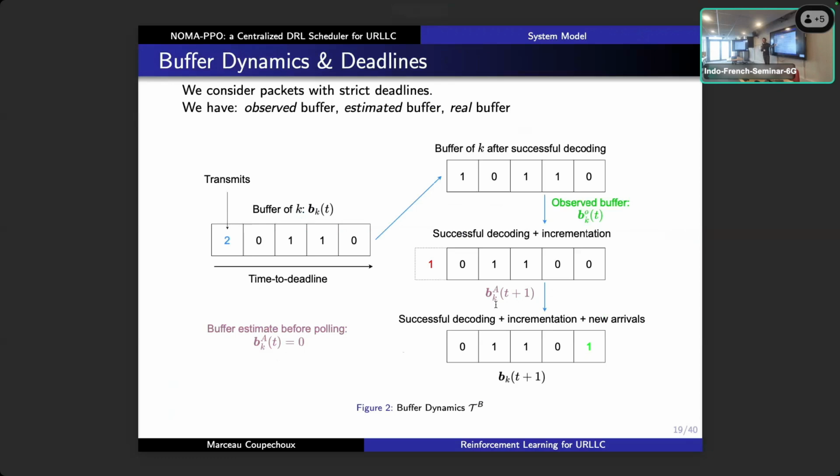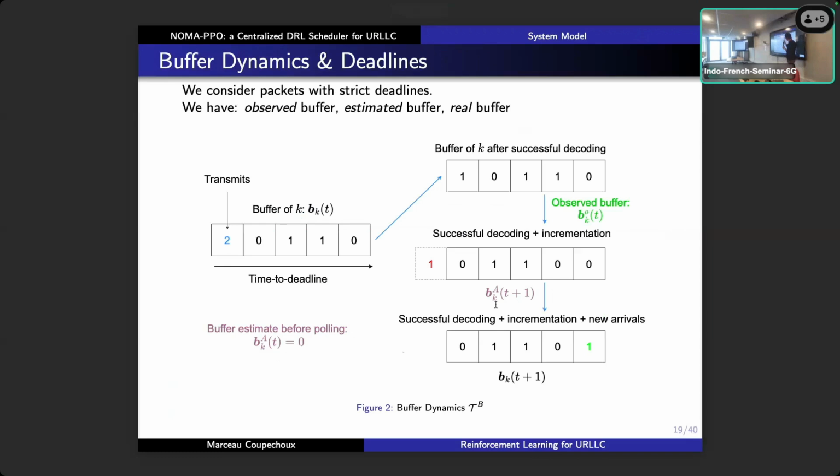Okay. So if device K sends a packet, and this packet is successfully decoded, then you see that we still have 1 packet with a time to deadline of 1, and the rest stay the same. And then at the next frame, we increment this table.